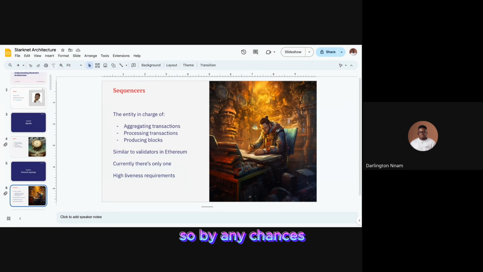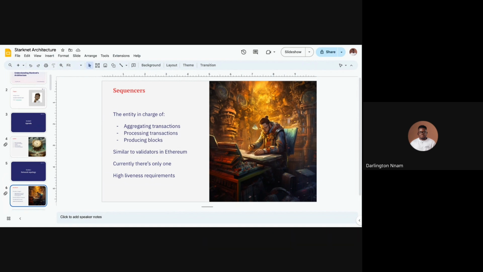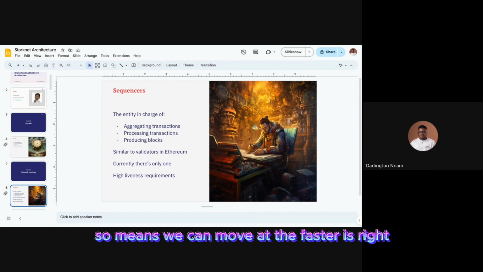But by any chance, is there anybody in the call who hasn't written Cairo previously, or it's your first time hearing about Starknet? Maybe you could just use an emoji, thumbs up, anything at all. Okay, there's nobody, so that means we can move at a faster pace.